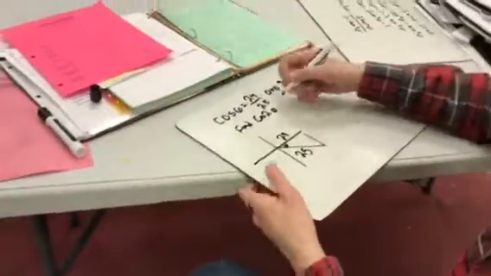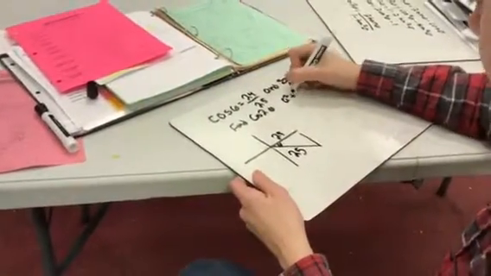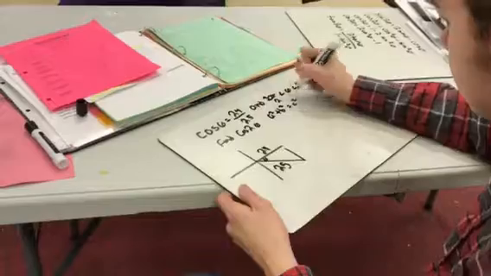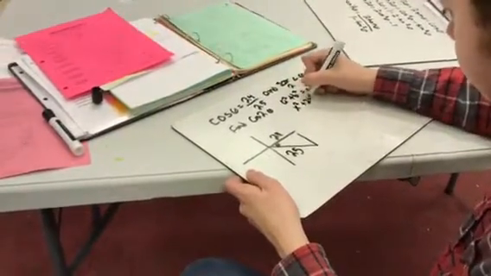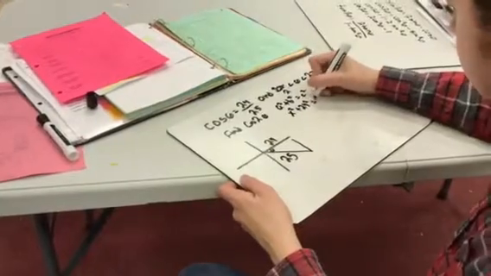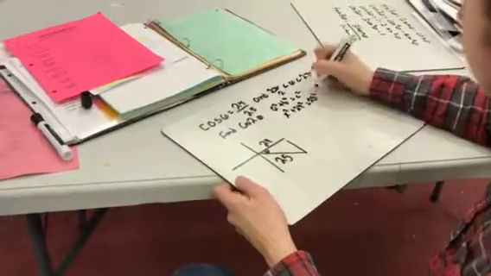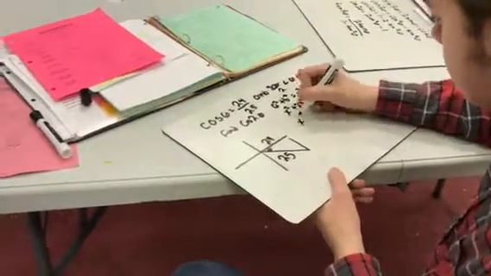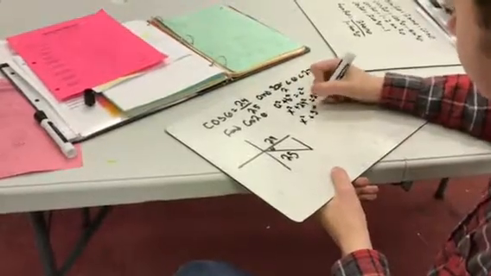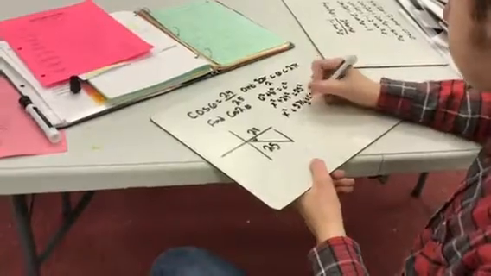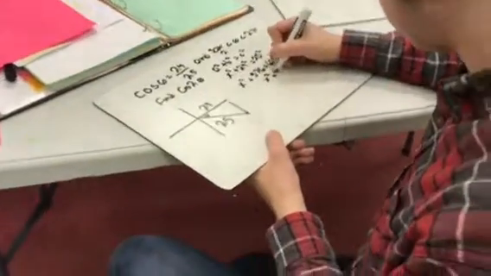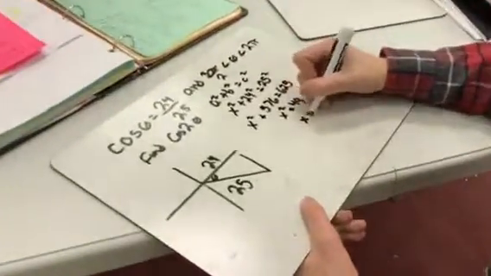Then you're going to do a squared plus b squared equals c squared. So x squared plus 24 squared equals 25 squared. That gets you x squared plus 576 is equal to 625. Then x squared is 49, and x would equal 7.